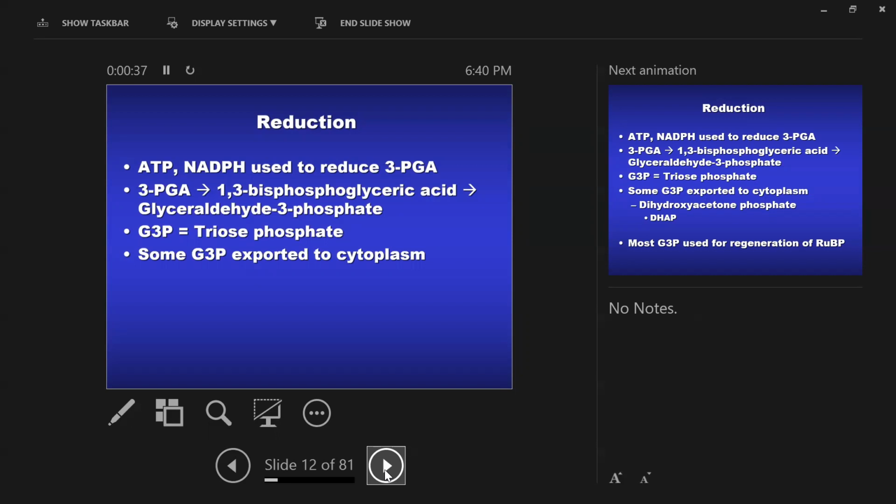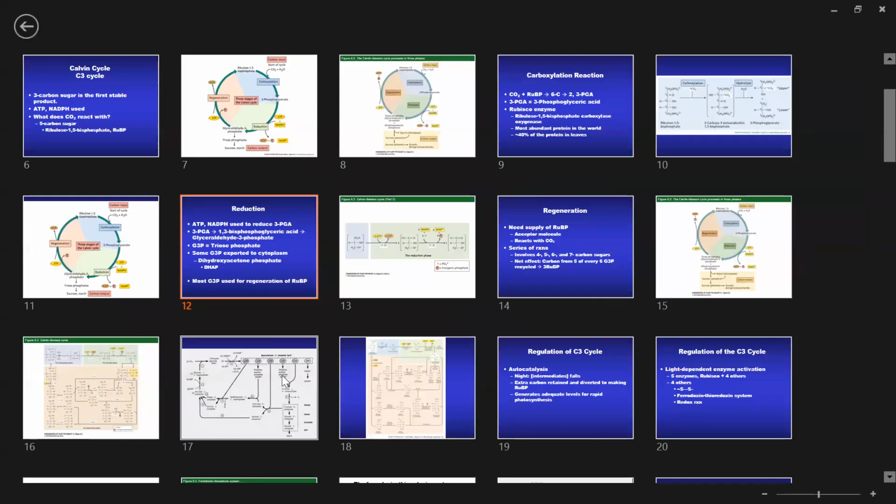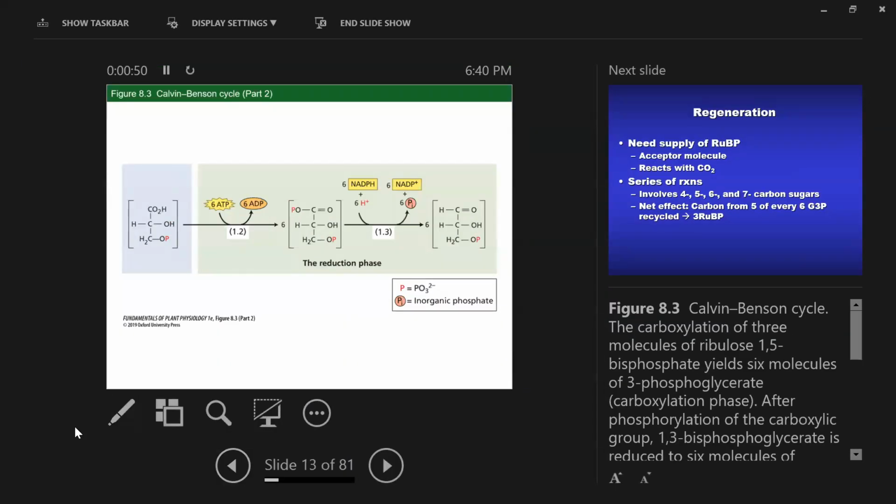So again, with this one, knowing PGA feeds into a reaction where you're going to end up with G3P, but now you also have the ATP and NADPH feeding into that reaction. So now we finally see where those molecules come in handy from the light reactions.